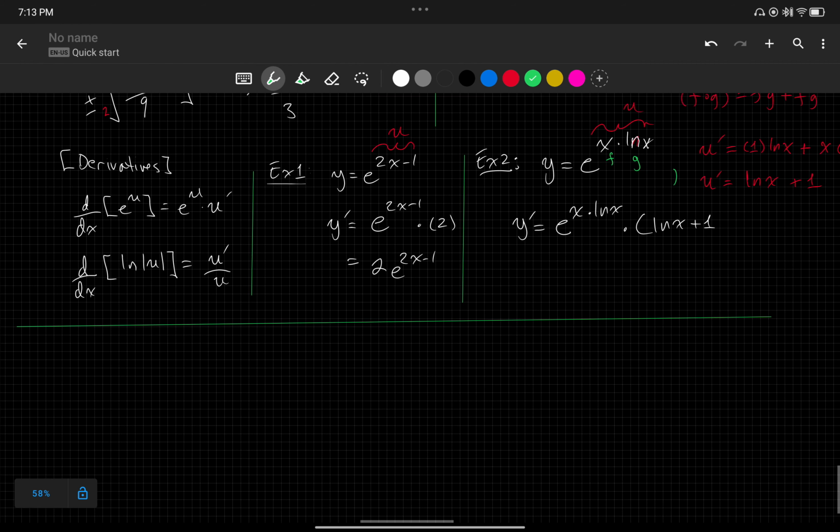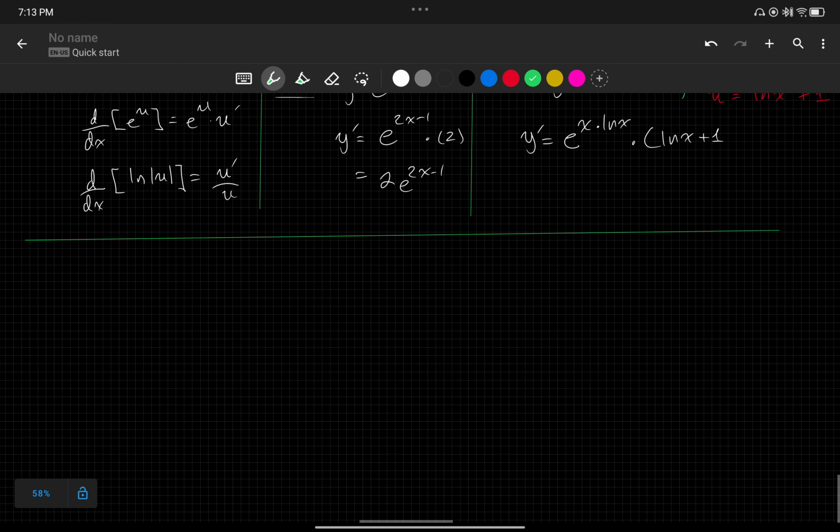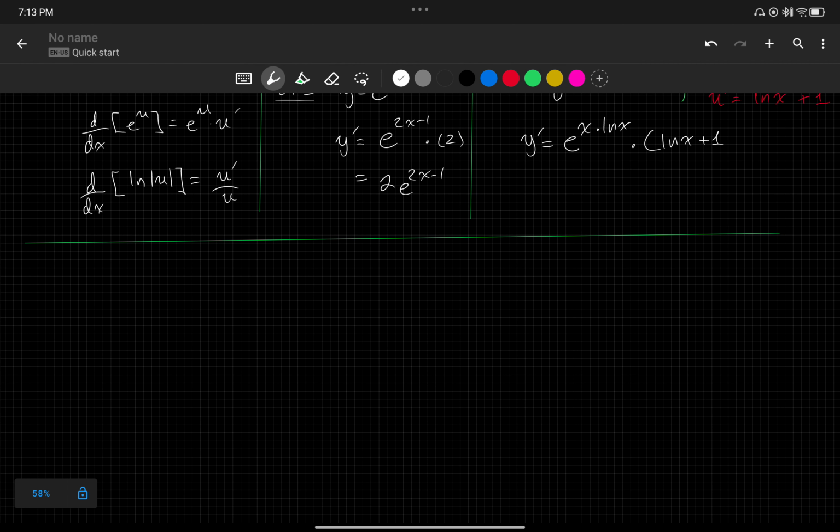And let's see number 3. So it's going to be 1 over e to the square root of x.